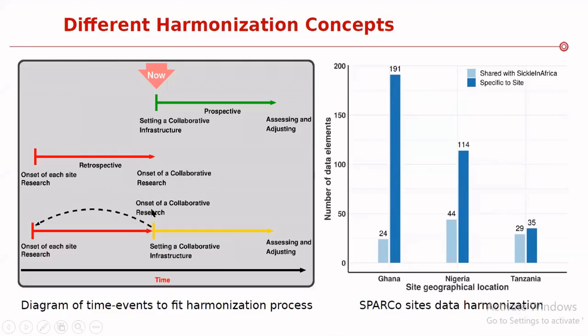At the end, before you do the analysis, you can harmonize the data elements, given that you have access to the data dictionary and data code books. So that's up to people to decide how to do it.